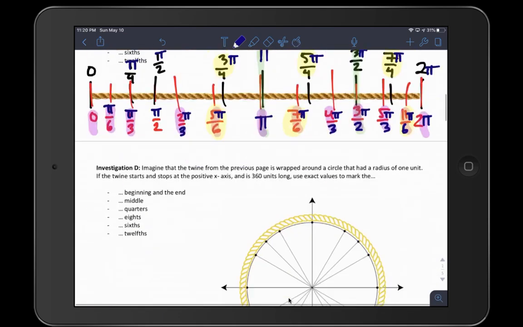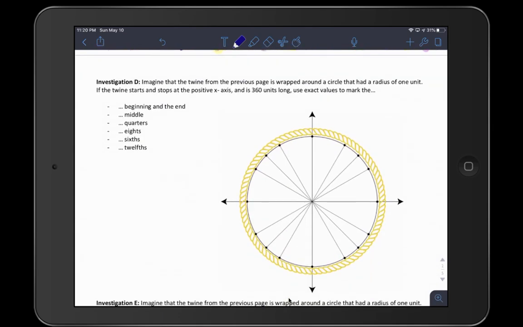For investigation D, we're going to be starting here, right? This is where our angles start in standard position. We're going to be going this way, but instead of labeling them as we go around, I'd like you to try and use that same strategy we did before, where we mark the beginning, right? We mark 0, and we mark the end, which is the same spot, but just all the way around. And then we mark the middle, which is over here.